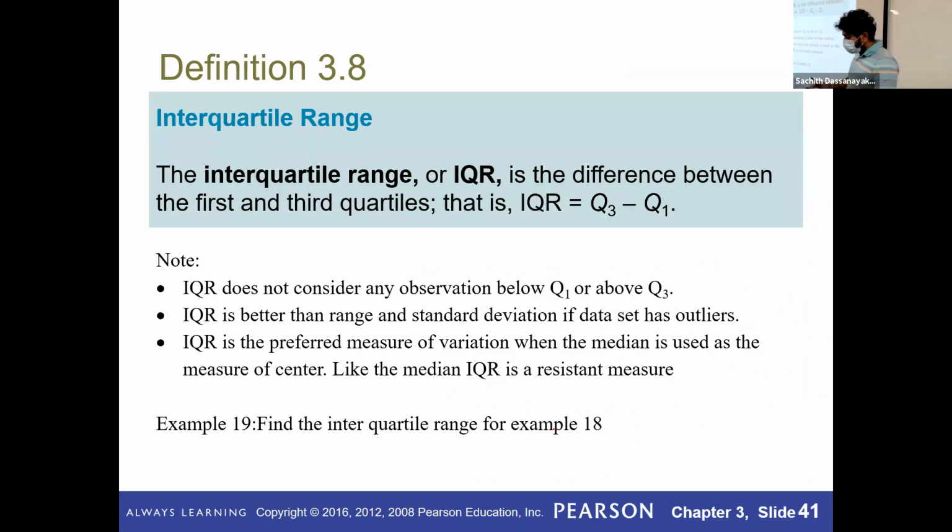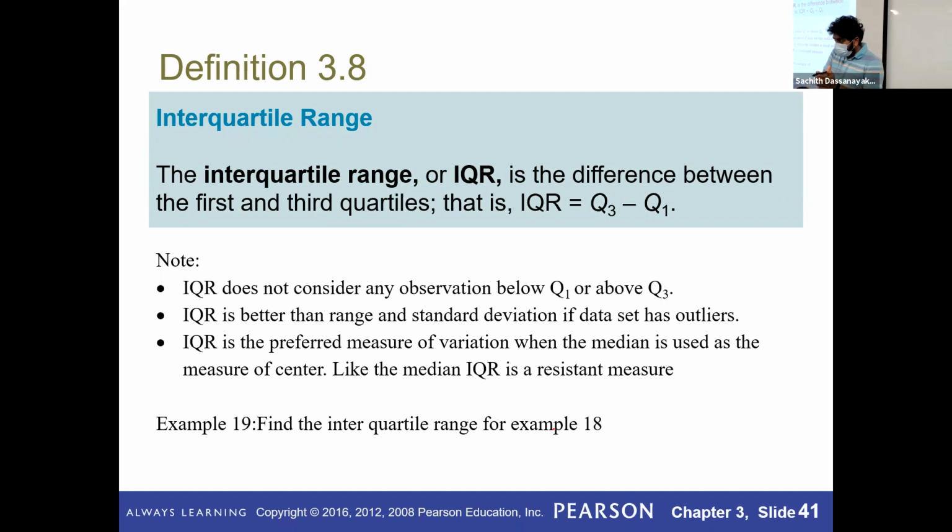Now, we are trying to find the range between Q3 and Q1. We call that the interquartile range. The interquartile range measures the range between quartile 3 and quartile 1. So Q3 minus Q1 gives you the interquartile range.